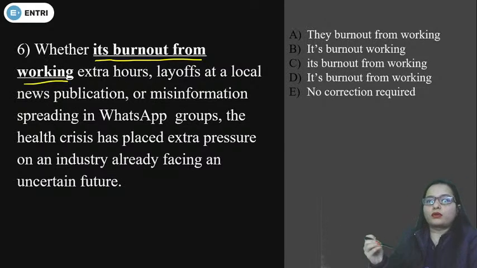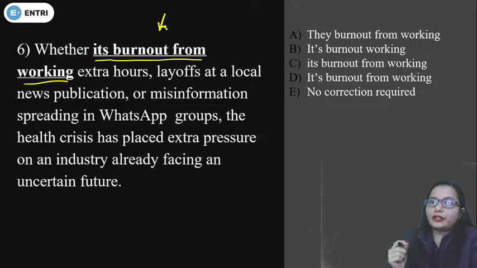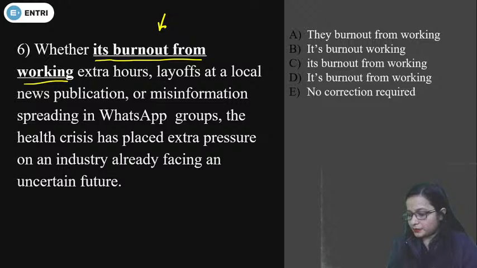Layoffs at a local news publication. So in such questions, the benefit is that you already know this is the only part where we can make any kind of changes. Other than that, no correction is required for this question. Whether it's burnout from working extra hours, layoffs at a local news publication, and all these things.